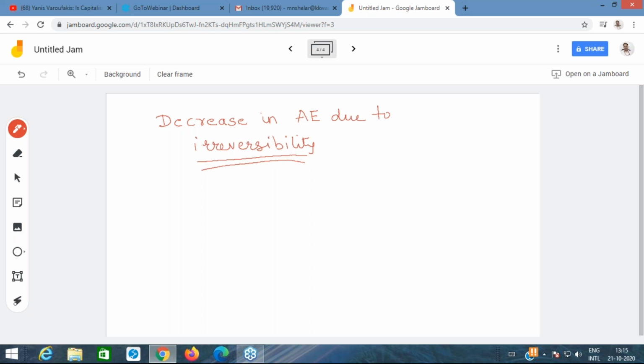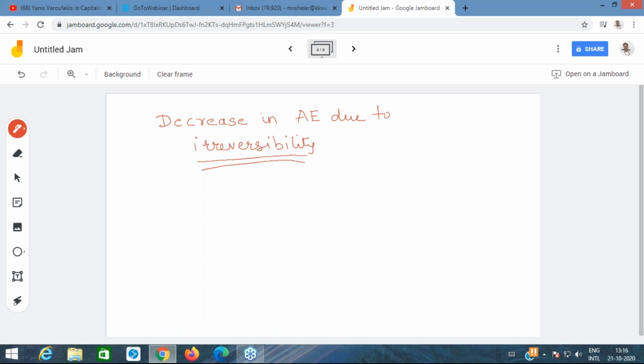However, as an engineering graduate, or as an engineer who is working in the field, our aim should be to decrease the irreversibility. And how to decrease the irreversibility, that we need to understand with the help of the concept of exergy.